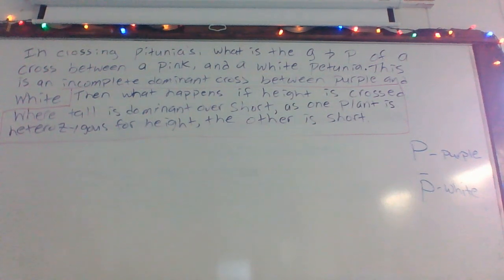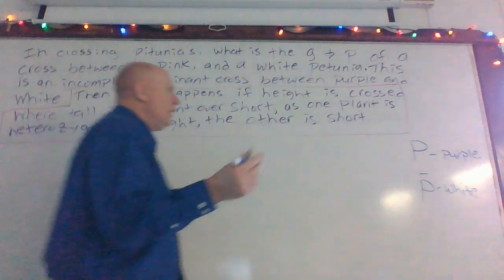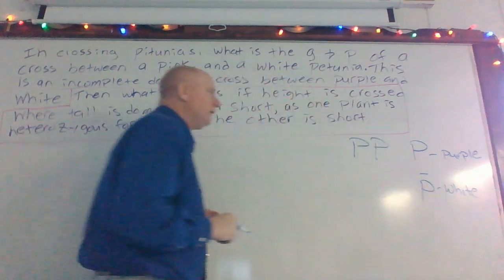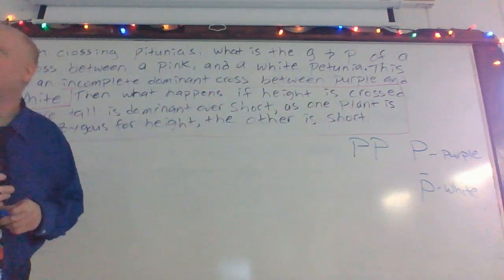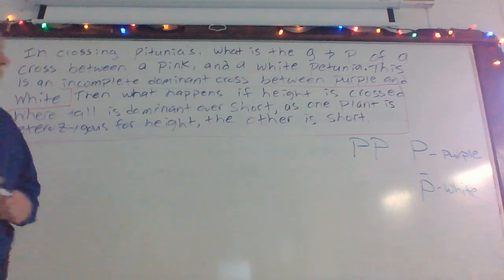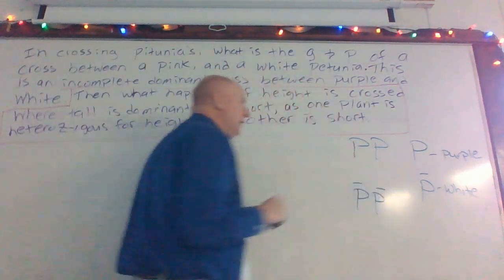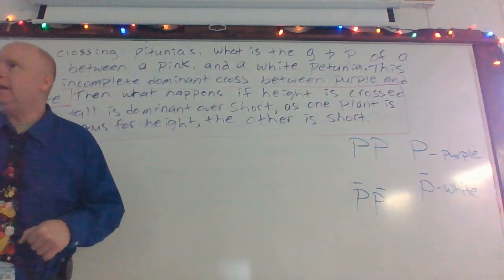Those are where you have dominant traits, but there's times where you have incomplete dominant crosses. So if this is an incomplete dominant cross, what would this look like if we have two capital P's? It's going to be purple. What happens if we have two lowercase p's? It's going to be white.